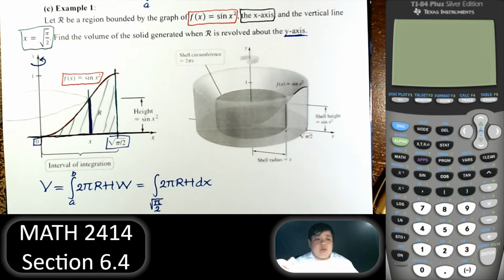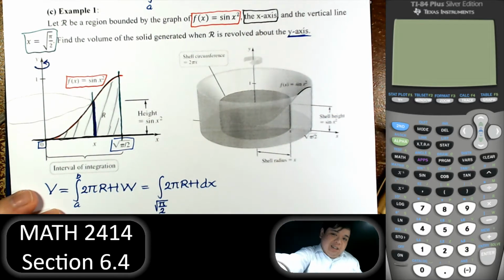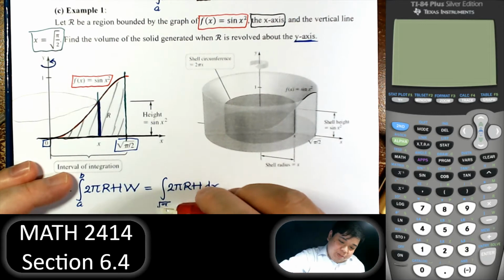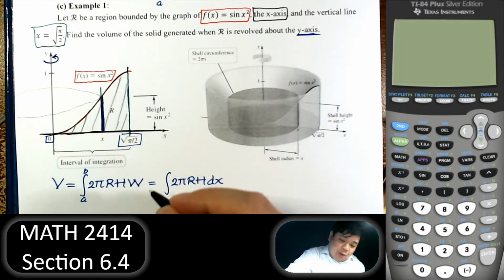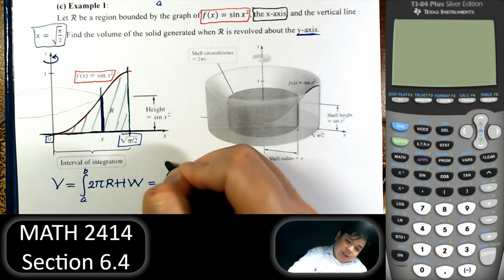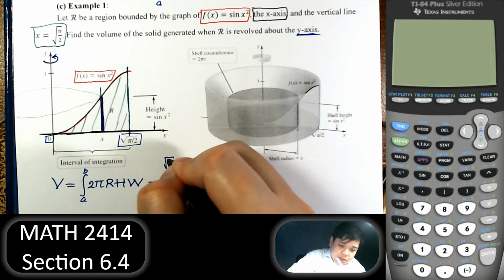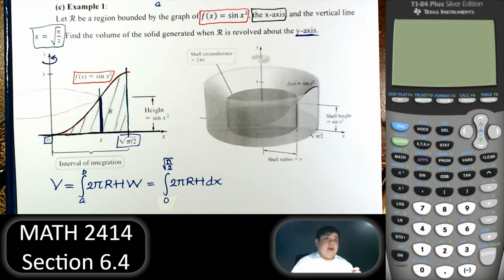As soon as I write that, I know that it's the other way around, going from 0 to square root of pi over 2. Right. Now we just need to determine R and H.